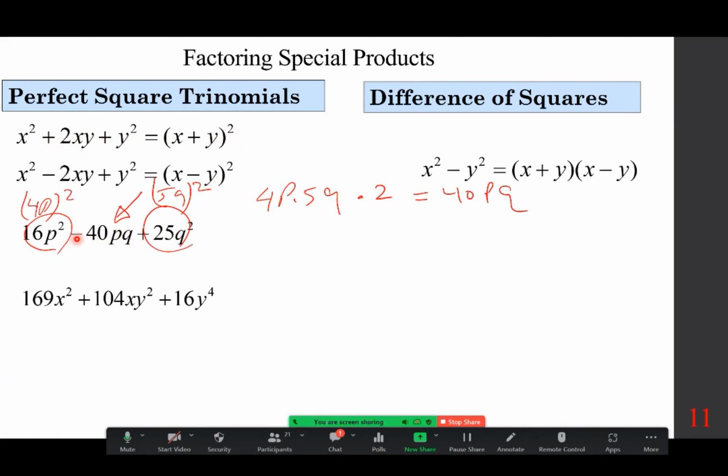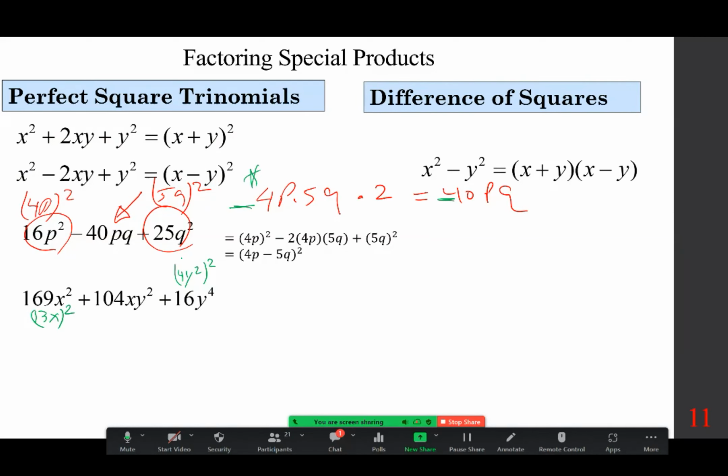If it's negative of that, this is the case. As you can see, we have negative of that, since this is minus, we have this one, which means 4p minus 5q quantity squared. The next one, this is the perfect square of 13x. This is the perfect square of 4y squared.